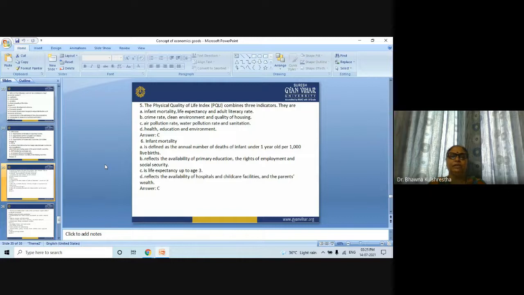What is the answer? Answer is air pollution rate, water pollution rate, and sanitation is the right answer of this question.